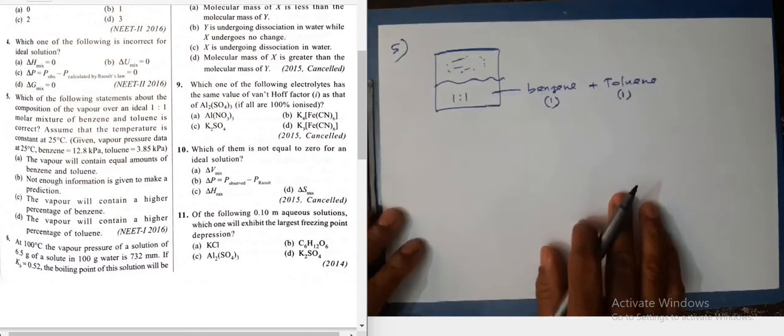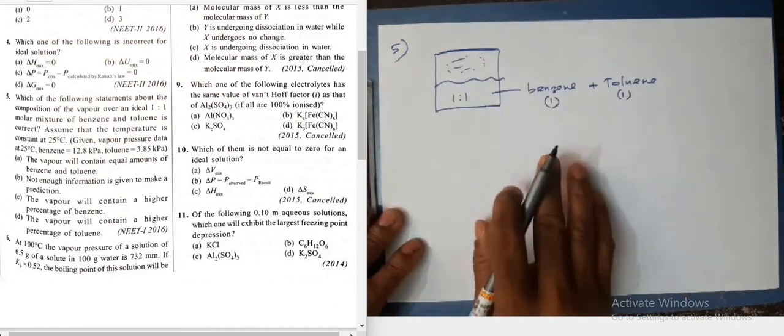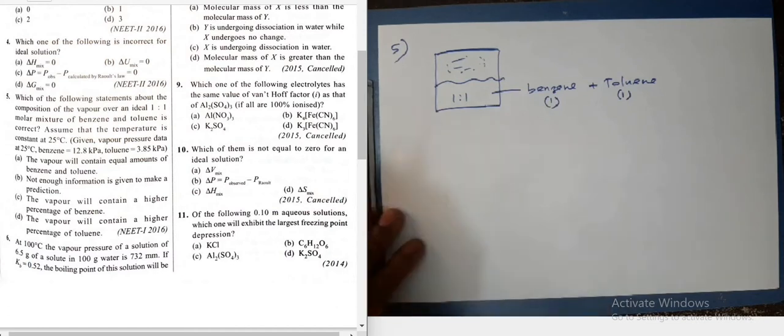How to find out? You know very well. Here it is given clearly, see, it's an ideal solution, right? See the second line carefully. It is given clearly, ideal solution.